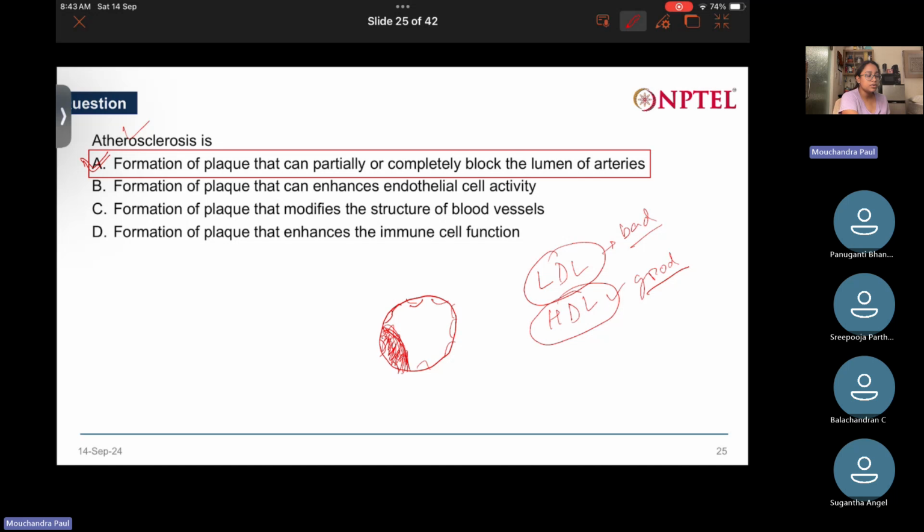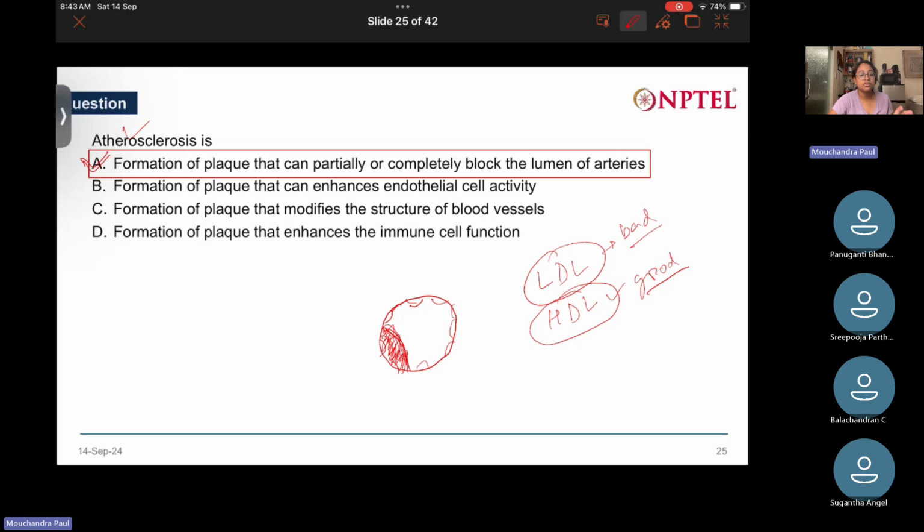And what happens, the blood flow through this lumen is going to be compromised. The blood pressure is not going to be the same as normal. The blood vessel itself will have a very hard time to contract and relax. Because of this you can have problems like heart attack or cardiac arrest.